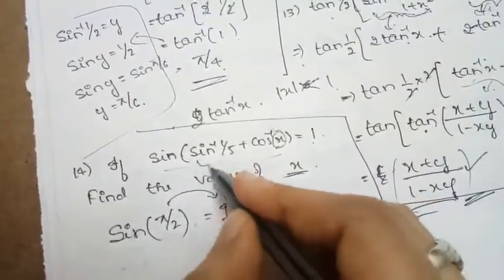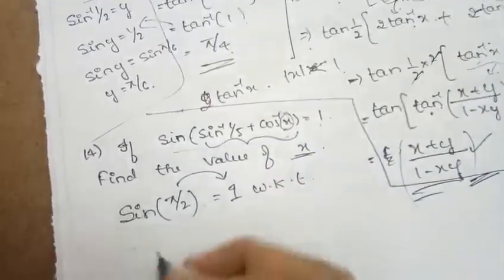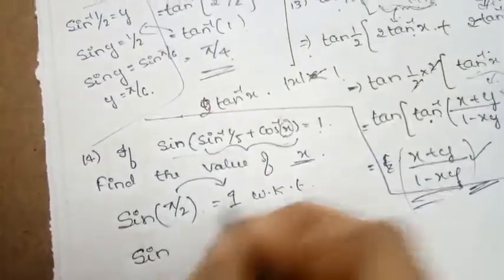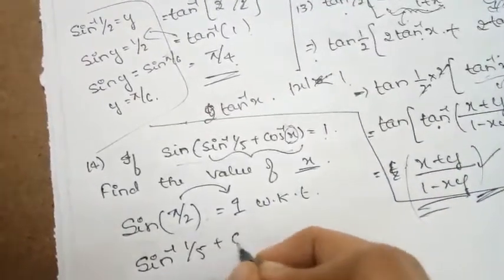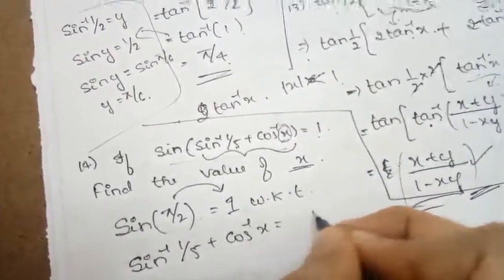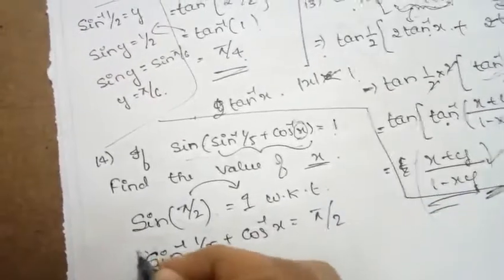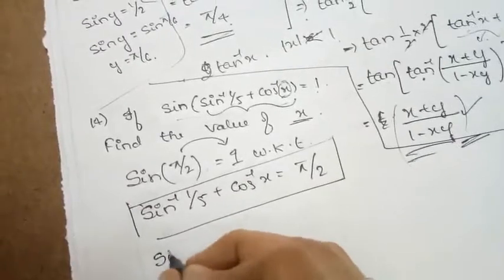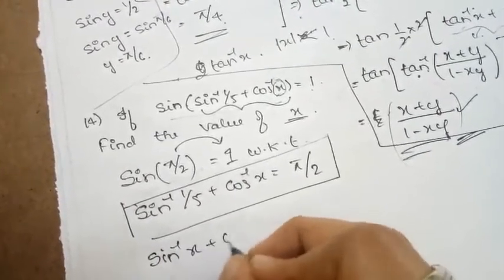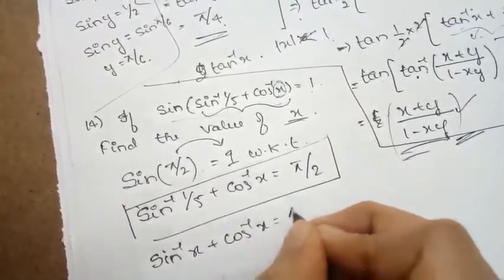So now we need to bring this one equal to pi by 2 so that we satisfy this condition, that is sine inverse of 1 by 5 plus cos inverse of x is equal to pi by 2. So we know there is one identity, that is sine inverse of x plus cos inverse of x is equal to pi by 2.